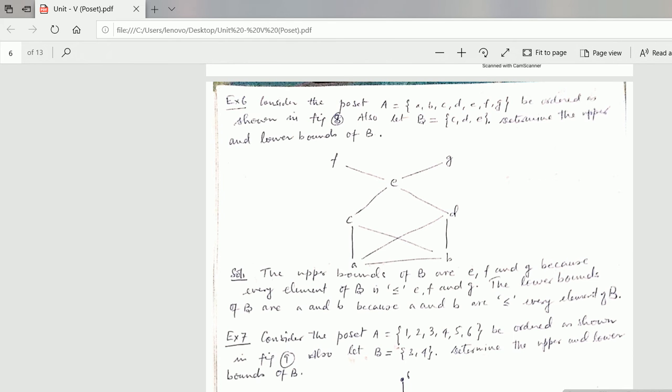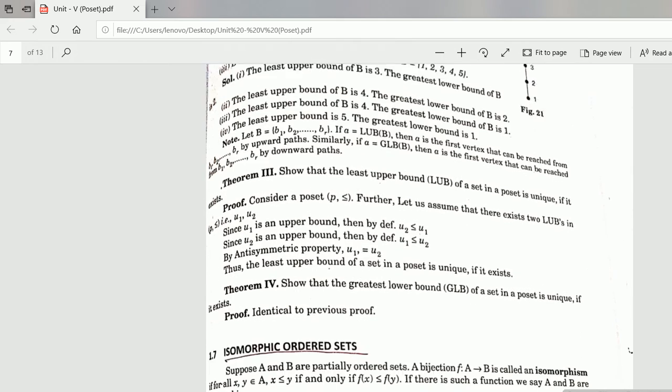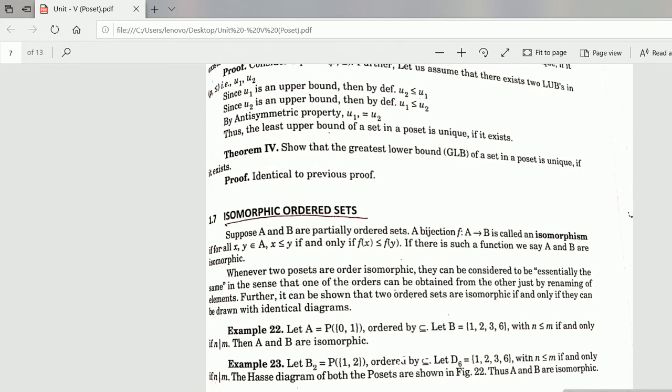Now come to another topic, which is isomorphic ordered sets. What are isomorphic ordered sets? Suppose A and B are partially ordered sets, that is posets.